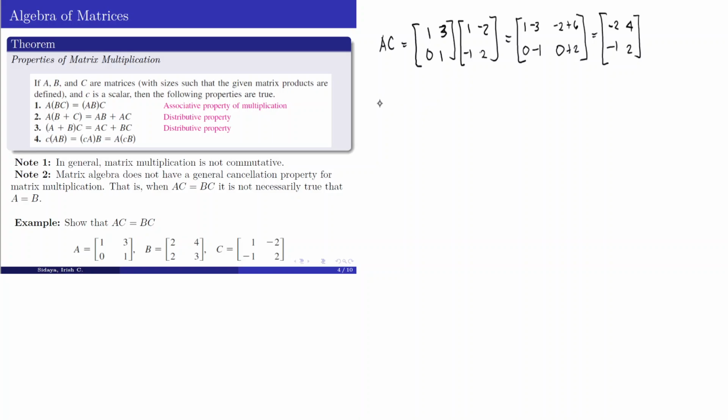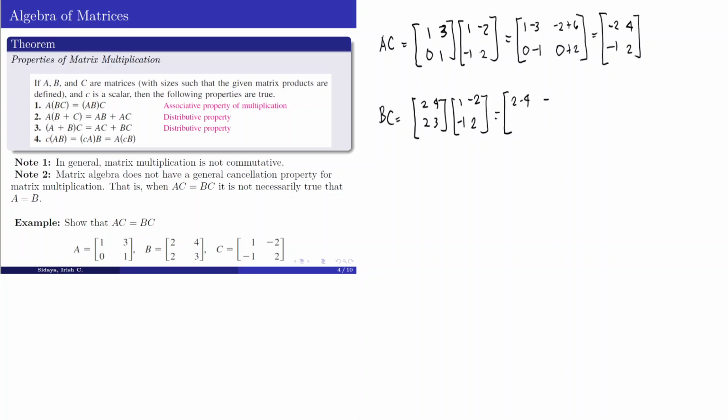Next, let us solve for the product BC. So these two, we have 2, 4, 2, 3, multiplied by 1, -2, -1, and then 2. So again, the same process. We multiply this by this, and then we add the result. So that's 2 minus 4 to this one to this one.